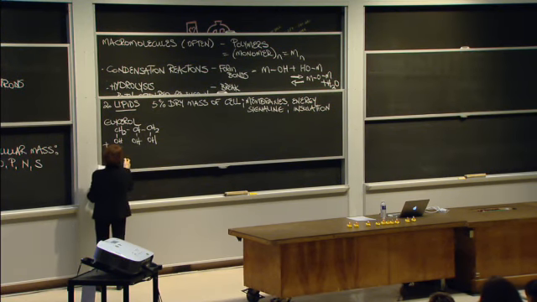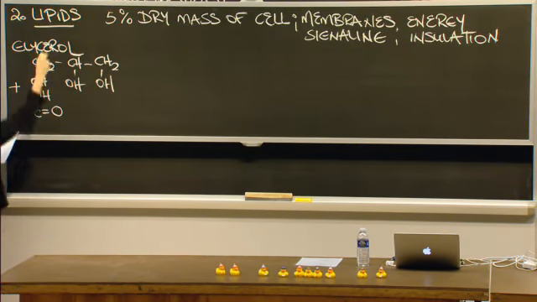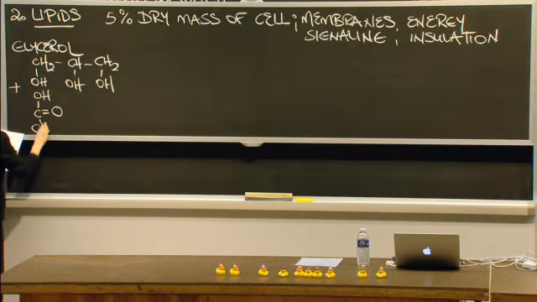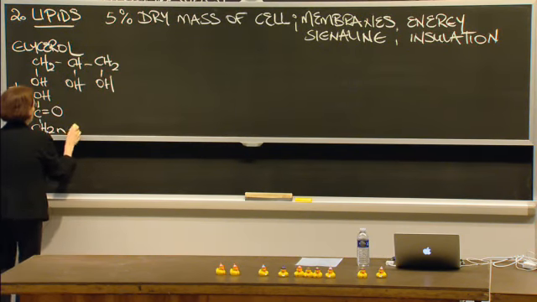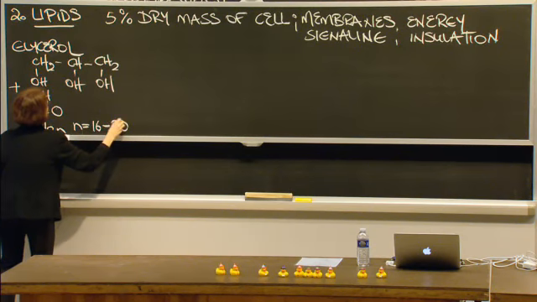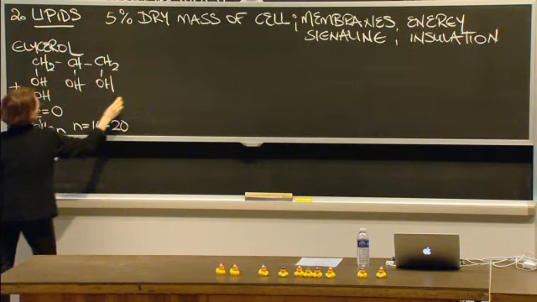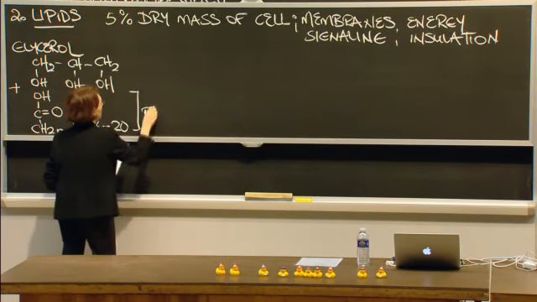And the fatty acid has a hydroxyl group attached to a carbonyl, which is attached to a long chain hydrocarbon where n is 16 to 20. And this guy here is called a fatty acid.